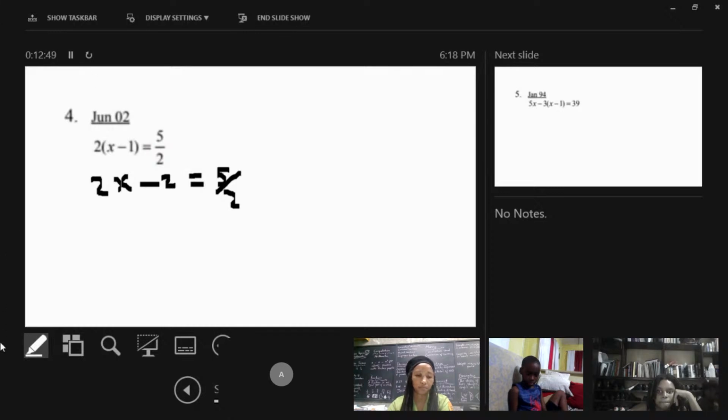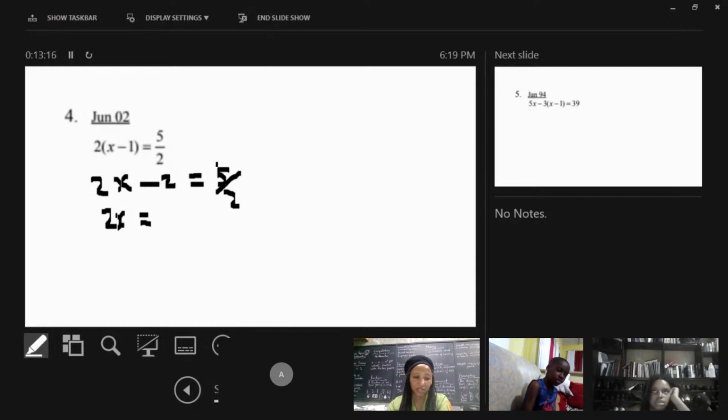So then we're going to add 2 to both sides. So 2x equals 2 and 5 over 2. Miss, could I just change it into a mixed fraction? Sure.